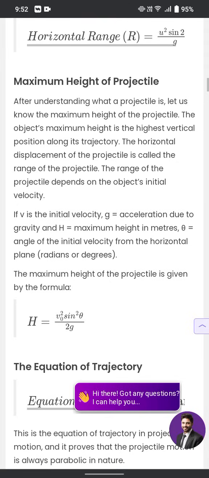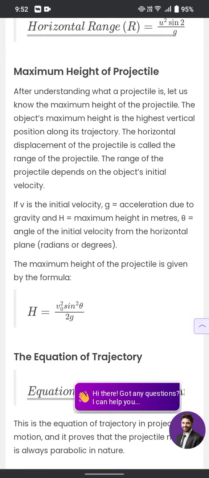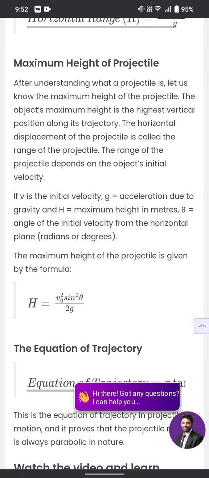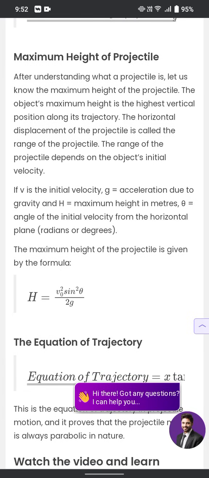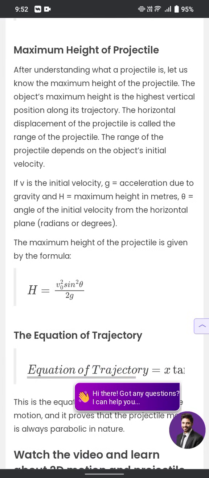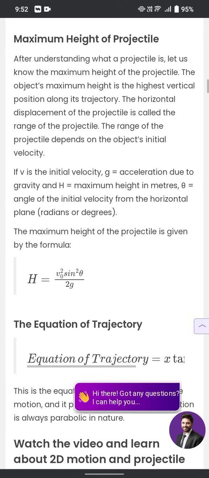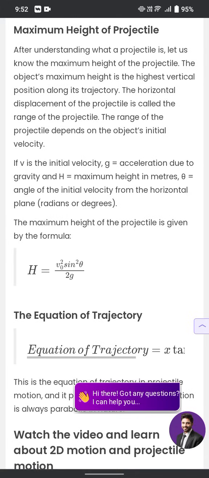Maximum height of projectiles. After understanding what a projectile is, let us know the maximum height of a projectile. The object's maximum height is the highest vertical position along its trajectory. The horizontal displacement of the projectile is called the range of the projectile. The range of a projectile depends on the object's initial velocity.